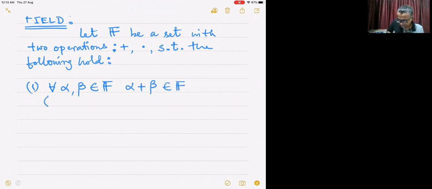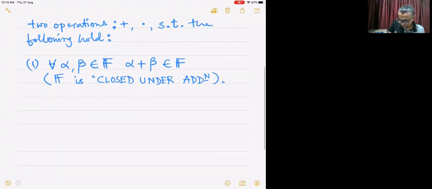In that case, it is said in words that the set F is closed under addition, right? This addition must satisfy certain properties.